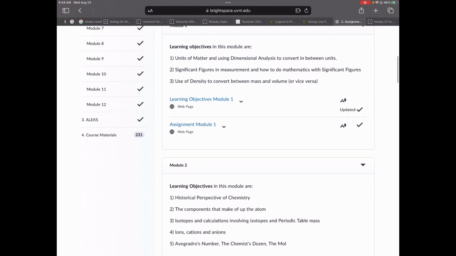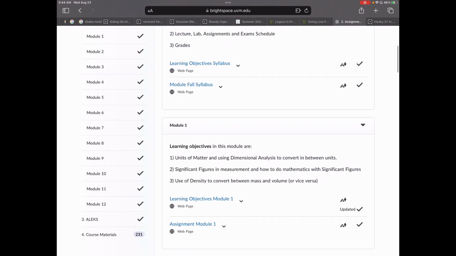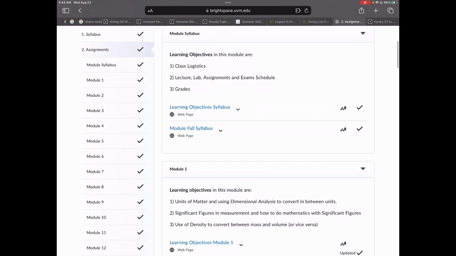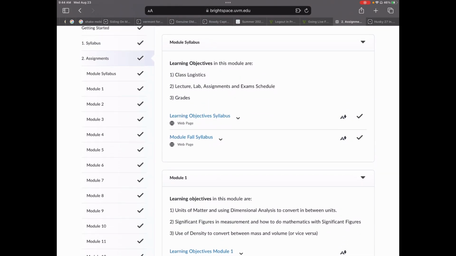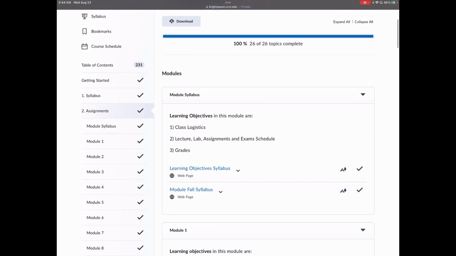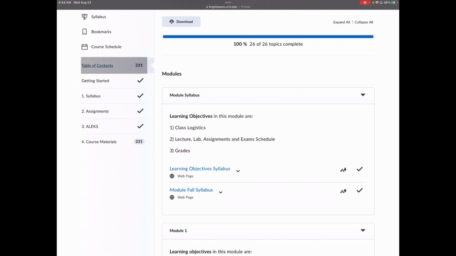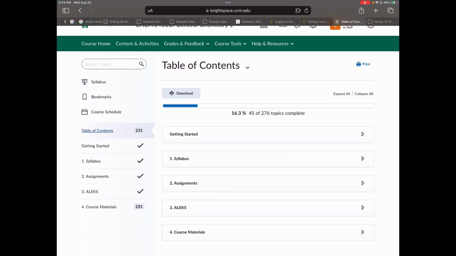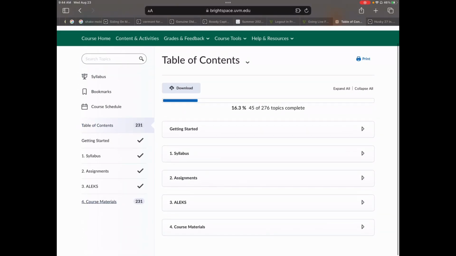So that's all of the assignments piece. If you ever want to collapse the list because it's long, you can just click table of contents again, and it collapses everything and brings you back.